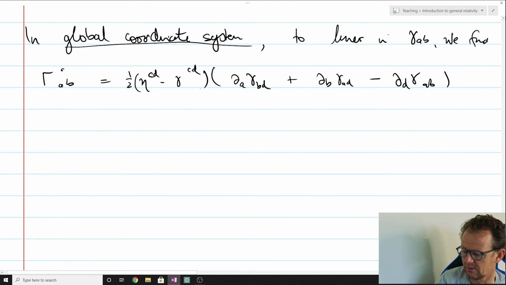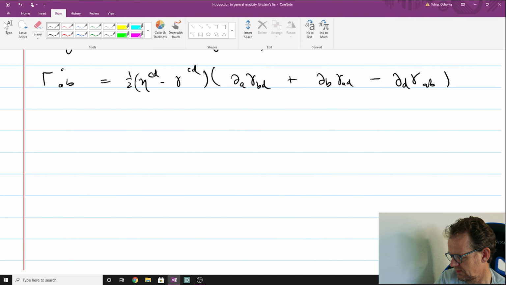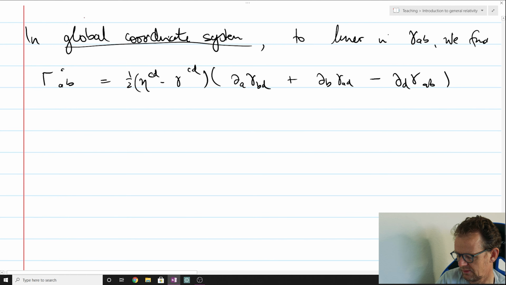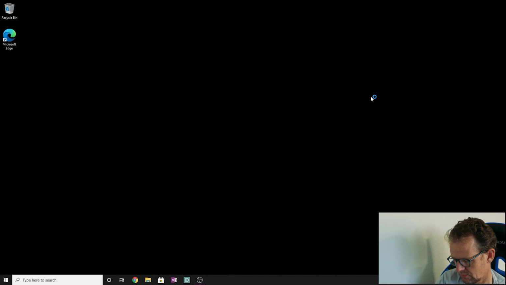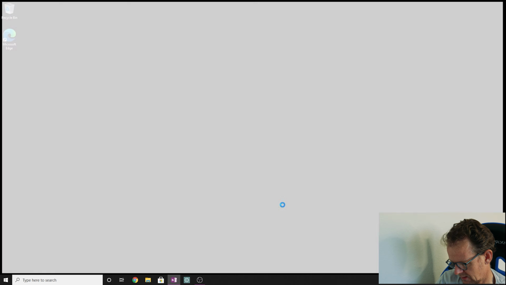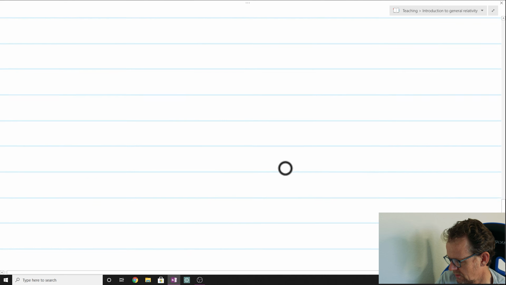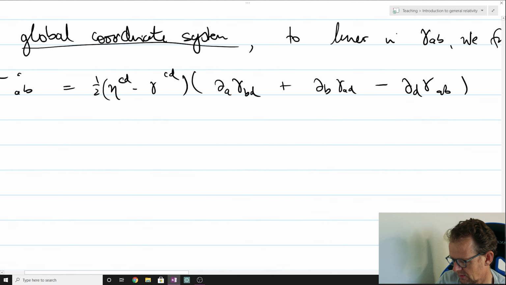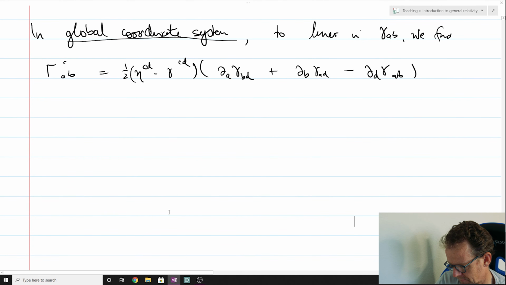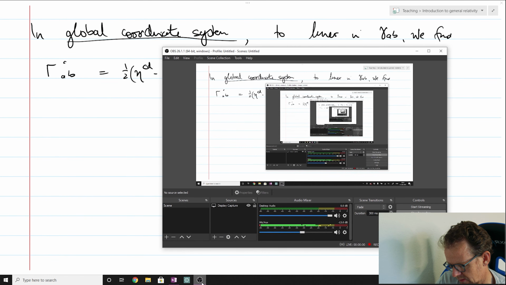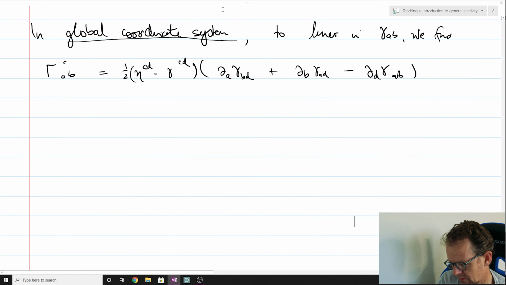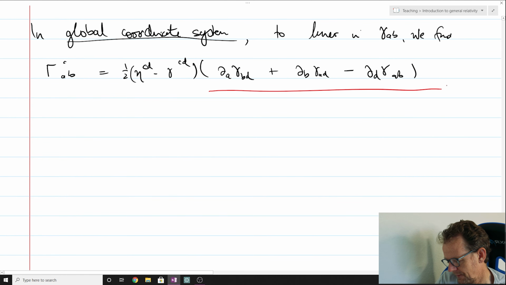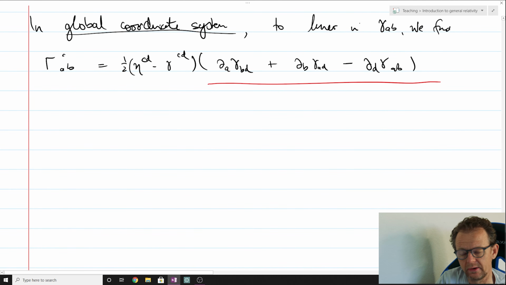Now, already, we get to throw away some terms because the stuff to the right here, OneNote crashed. Okay, the stuff to the right here is already at linear order in gamma.